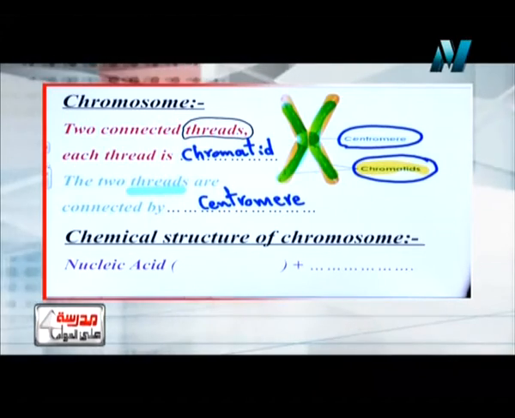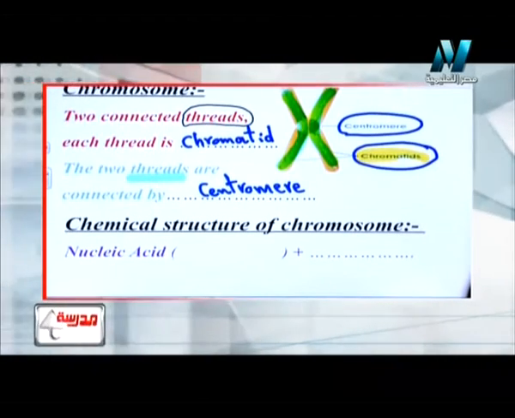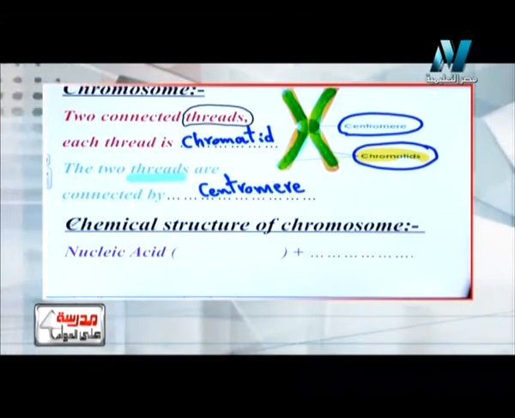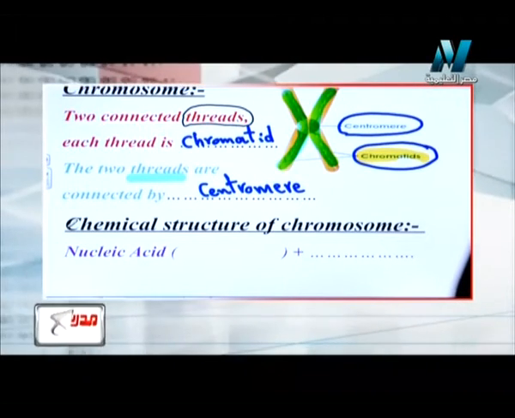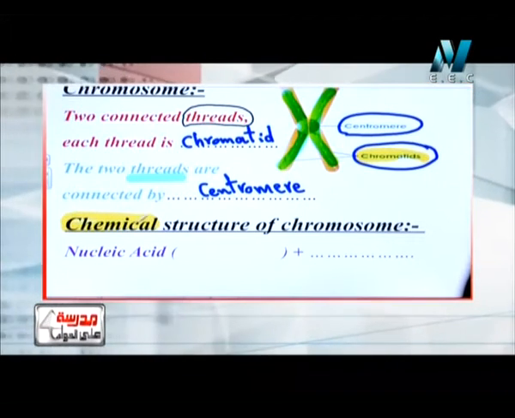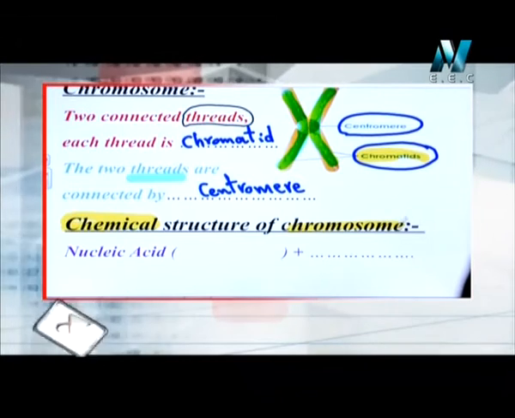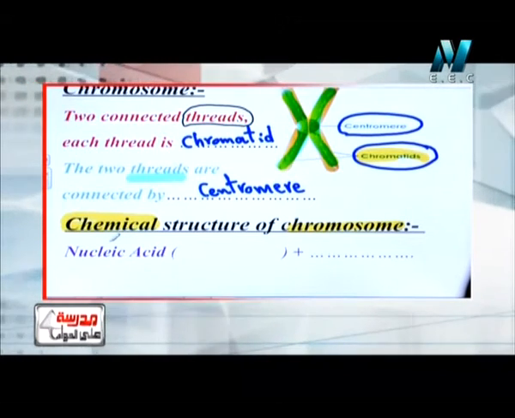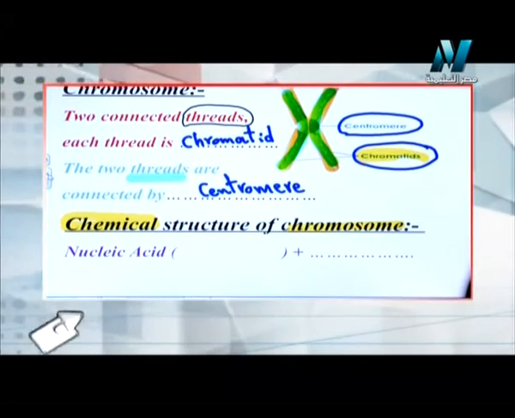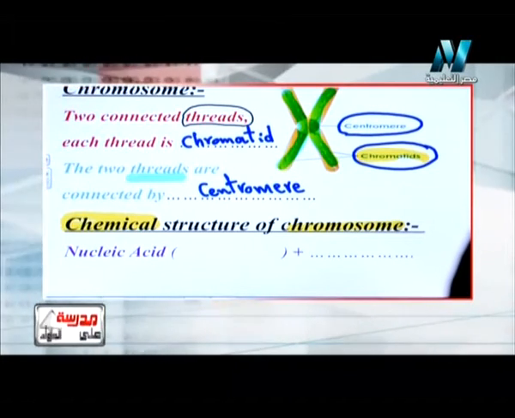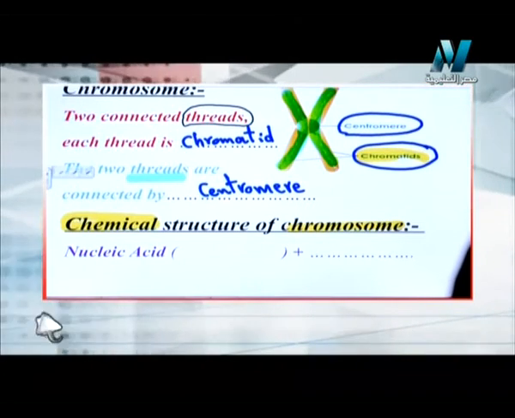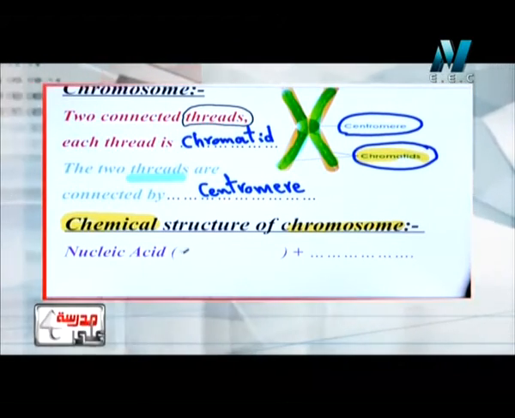We should be careful when we talk about the structure, the chemical structure of the chromosome. Any chromosome consists of two main chemical components. Number one, as we see, students, is nucleic acid.